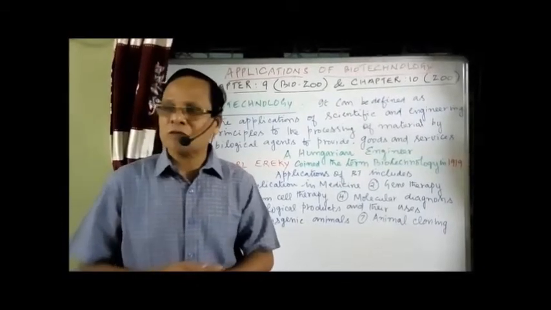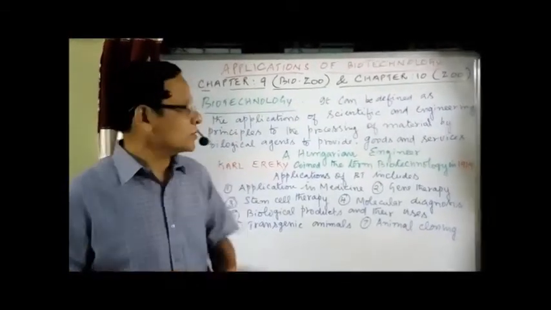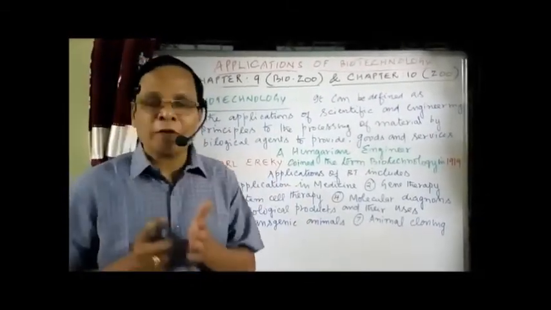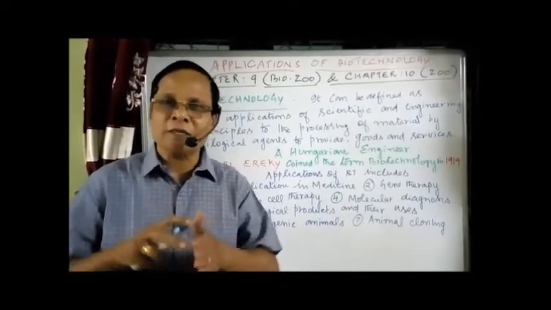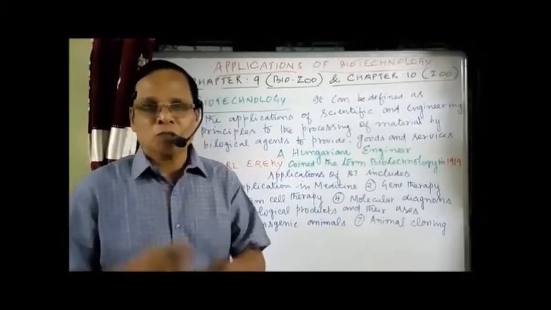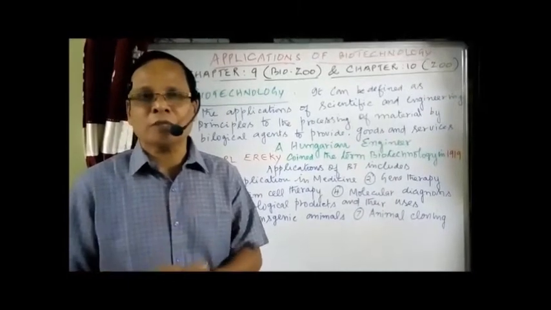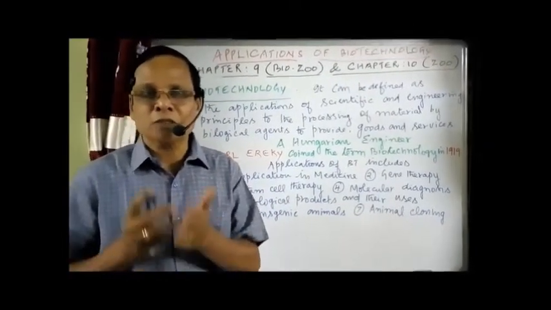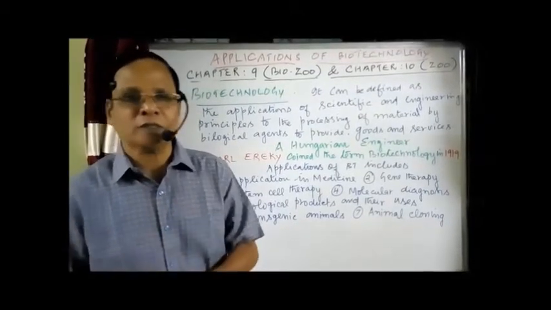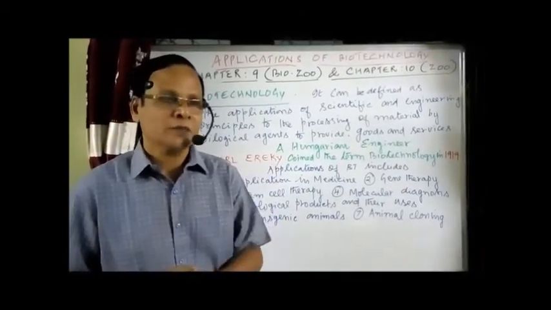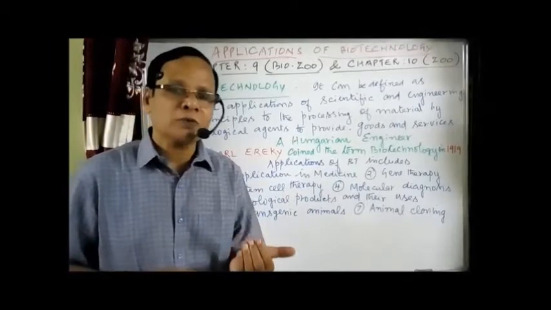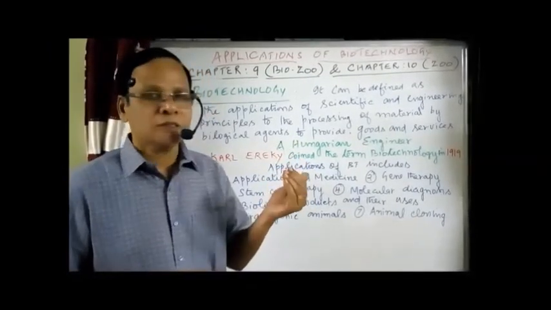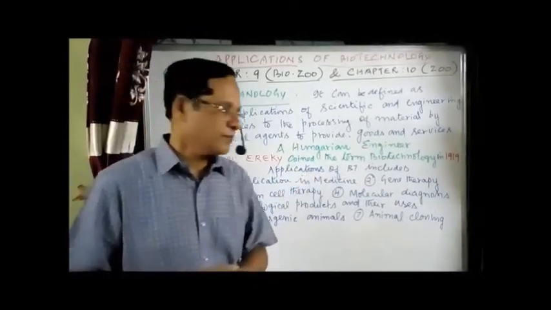That's why I said it's also called industrial science. It can be defined as the application of scientific and engineering principles to the processing of material by various biological agents to provide goods and services to human beings. So we are getting beneficial products by means of biotechnology. That's why it's called industrial science.